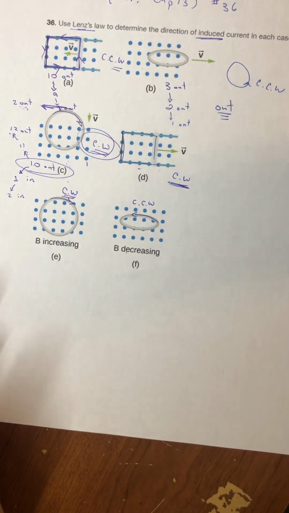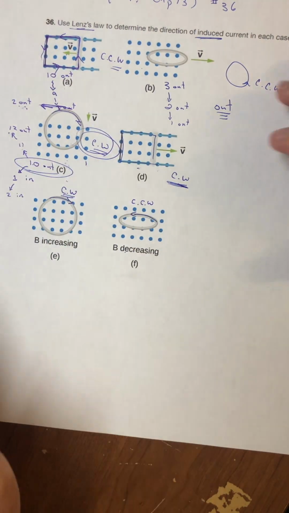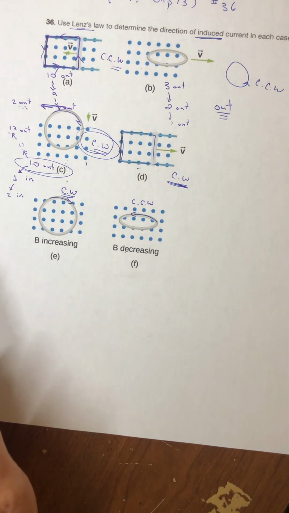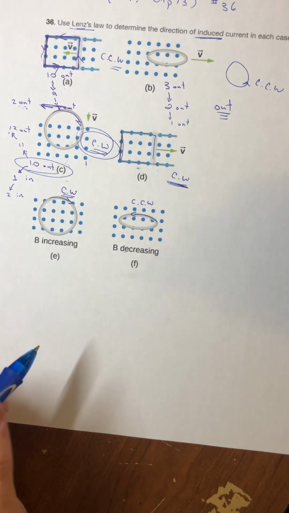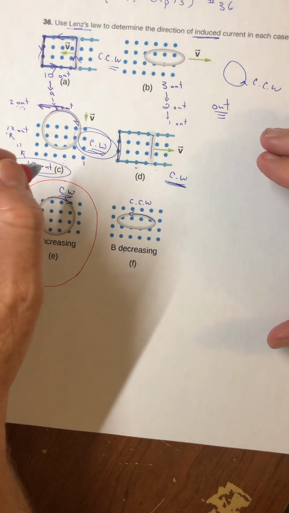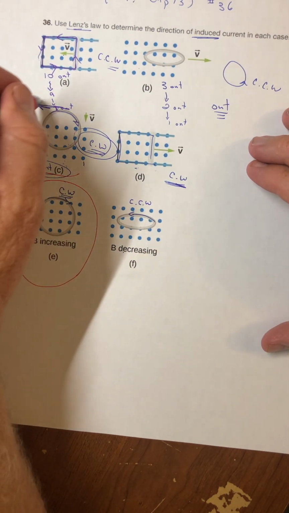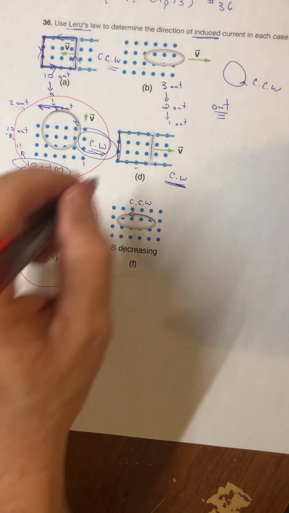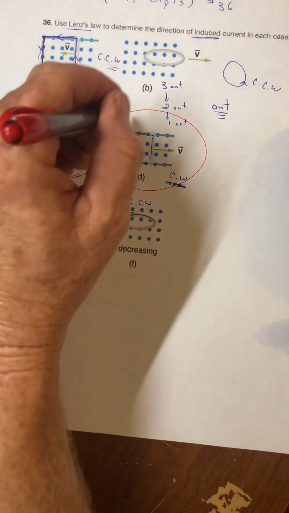In fact, I like the way the author has these 6, because if you look at them, 3 of them are an increasing flux. There's an increasing flux here, there's an increasing flux here, and there's an increasing flux here.